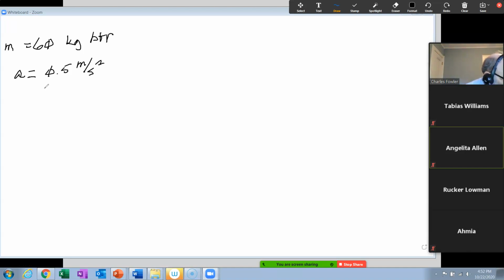How much extra force was applied from when the bike was flying at a constant rate? Okay. Well, what's the Newton's second law equation? Net force is equal to what? Mass times acceleration.